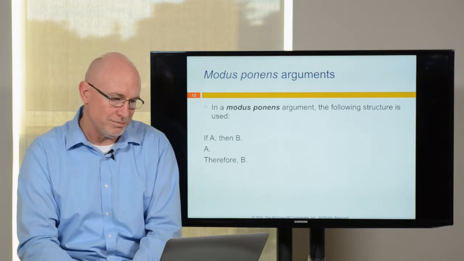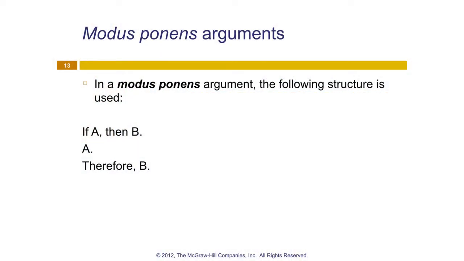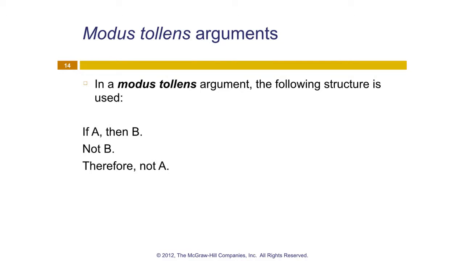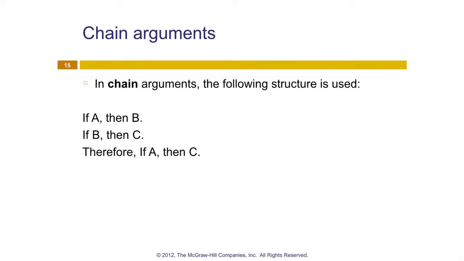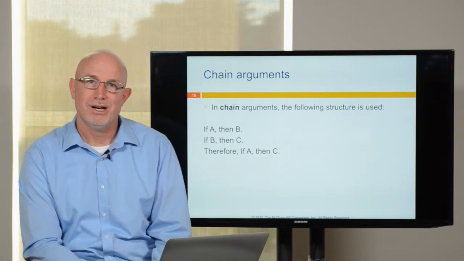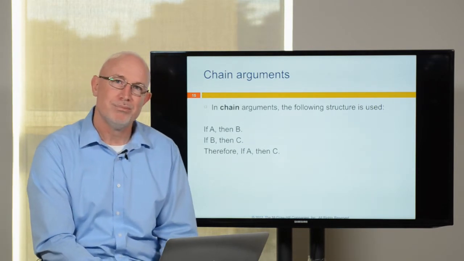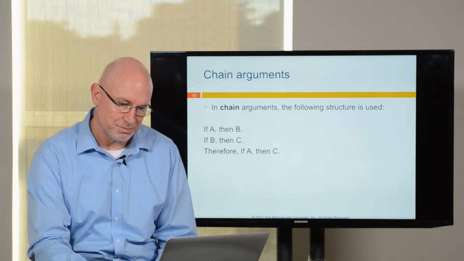A modus ponens argument uses the following structure: if A, then B; A, therefore B. A modus tollens argument uses this structure: if A, then B; not B, therefore not A. In a chain argument, we have the following structure: if A, then B; if B, then C; therefore, if A, then C. You have some great examples in your textbook of these different types of modus ponens, modus tollens, and chain arguments.